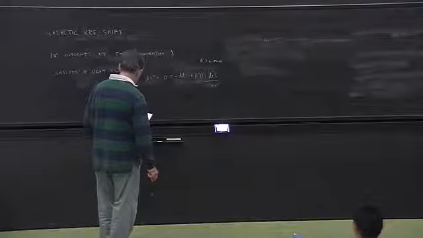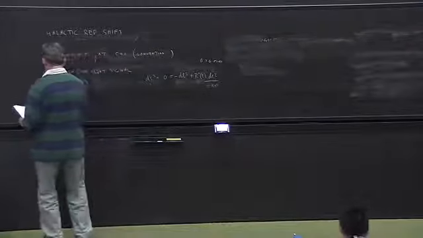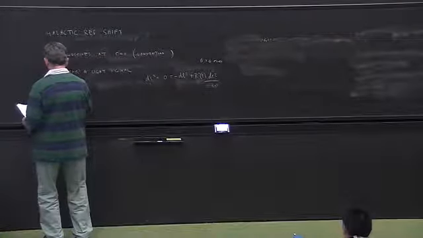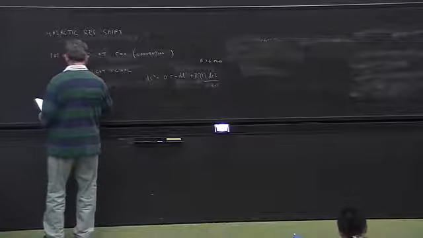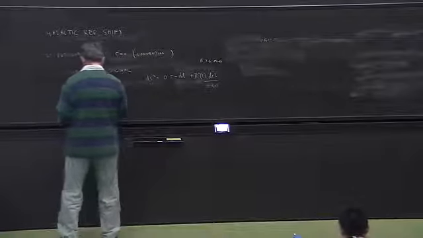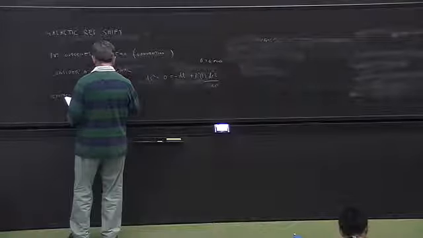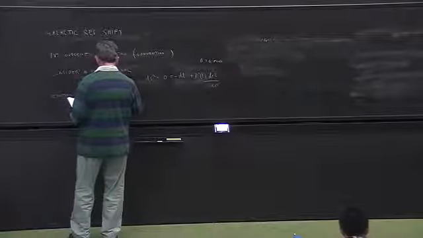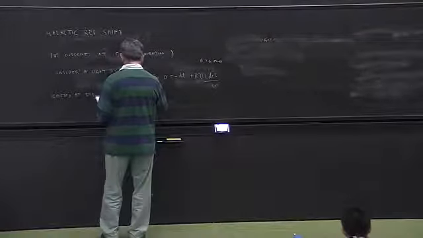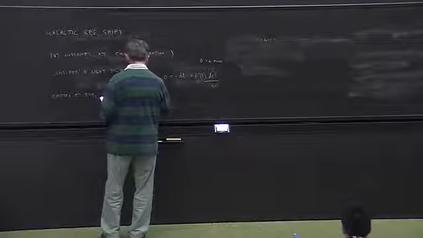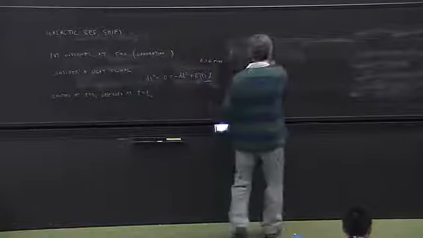Now, suppose the light is emitted at t equals t1 and observed at t equals t2. Actually, Weinberg calls it t0.